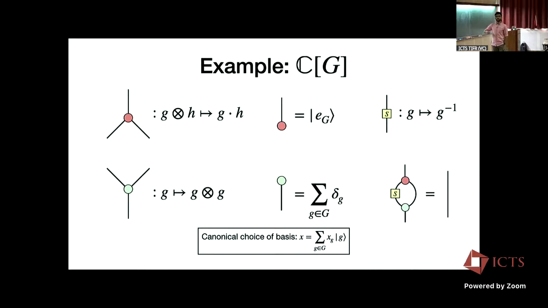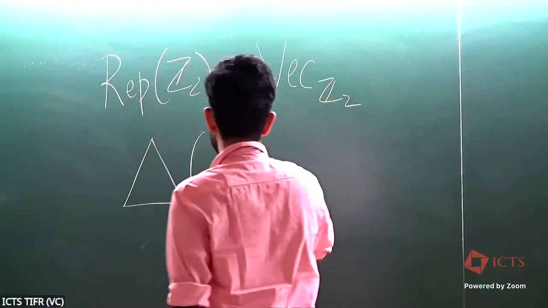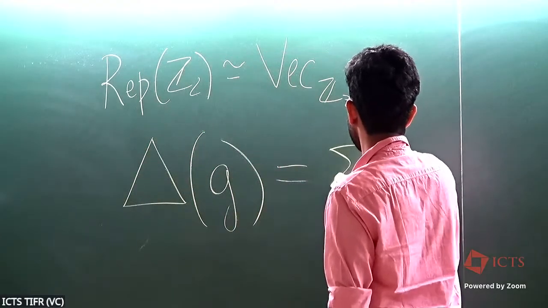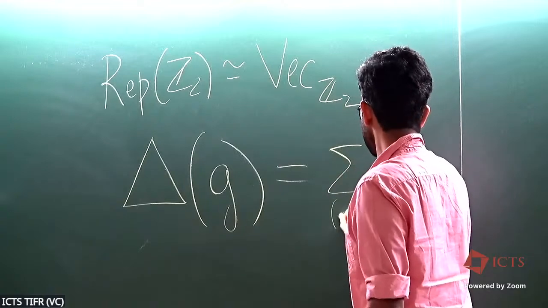So we'll soon leave this arena, but let me just comment something. Whenever you have an element in a Hopf algebra that has this co-product, it's called group-like. So in a general Hopf algebra, you can have some elements that behave in a group-like manner. When you do a co-product, you just get a tensor. But more generally, the co-product of G is denoted in a notation very similar to Einstein notation.